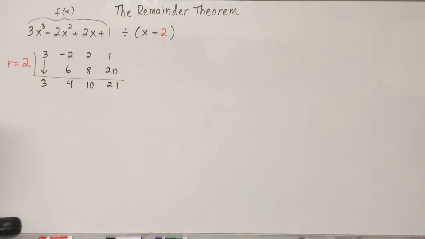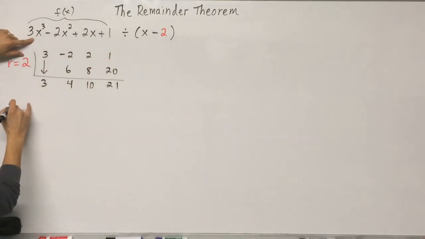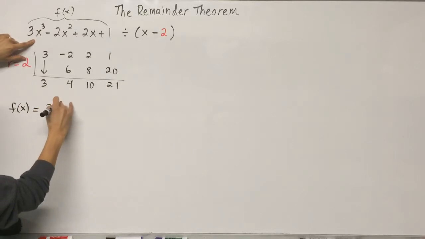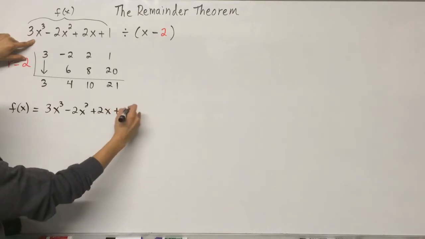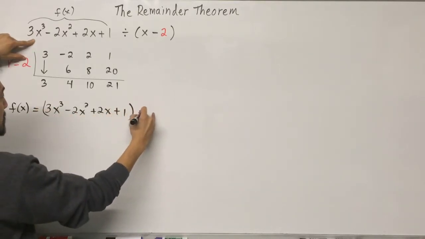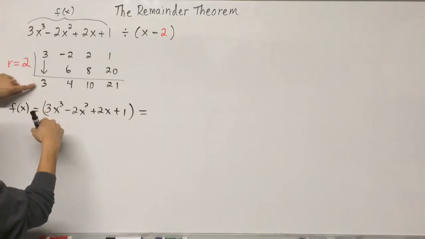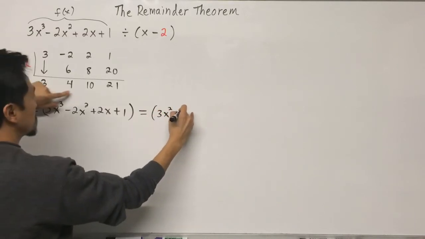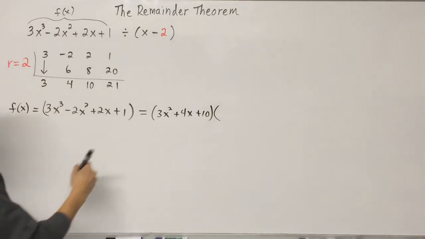Okay, now we have the division algorithm, which says that this dividend, f of x, which is 3x to the third minus 2x squared plus 2x plus 1, can then be represented in terms of the what? In terms of the quotient, right? We can take the quotient, which is 3x squared plus 4x plus 10, and then we can now multiply that by the divisor.